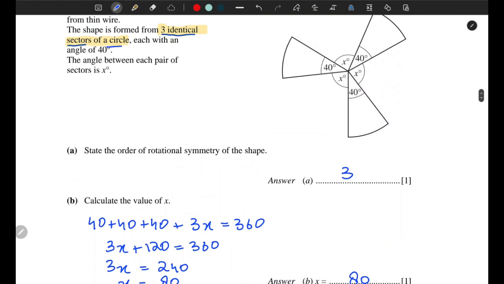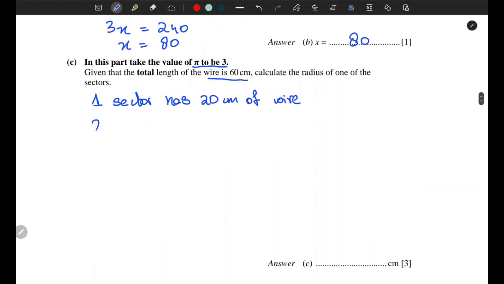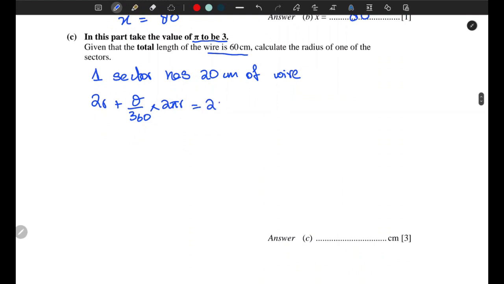So we can say that this length plus this length plus this length is equal to 20. So basically you can note one thing, what I have outlined in blue is just the perimeter of this sector. So we will apply the perimeter formula, which is 2r plus theta over 360 into 2 pi r, right? And we'll set that equal to 20, and we need to find r.